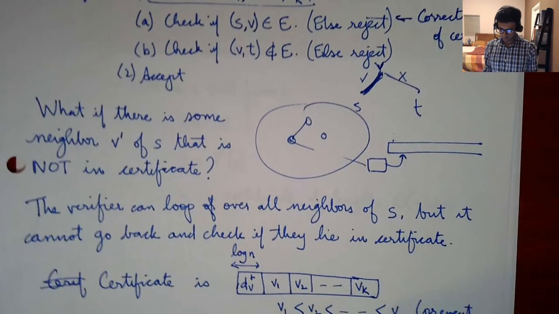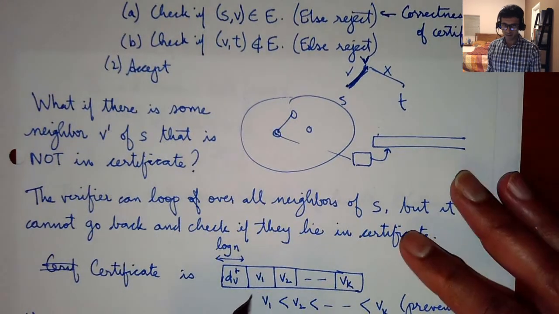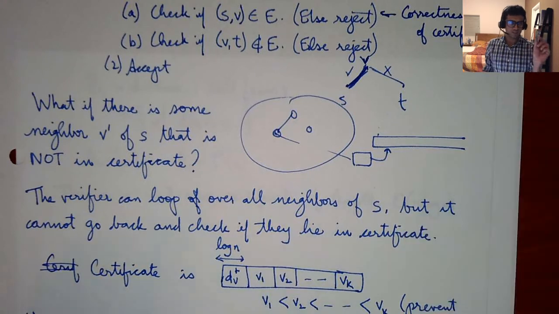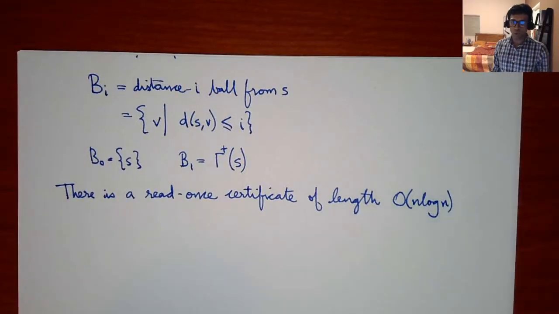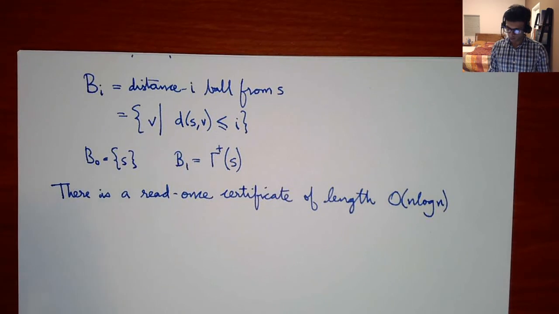It's basically because there are at most n vertices here, and the length of each vertex is log n bits. So the certificate length is n log n bits.